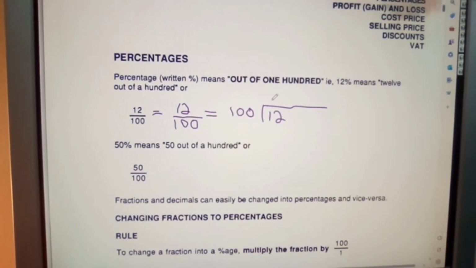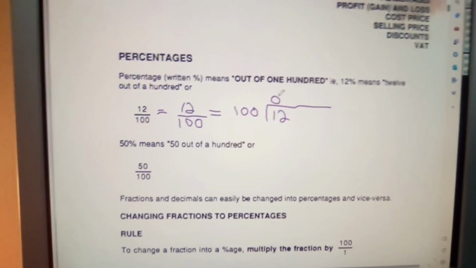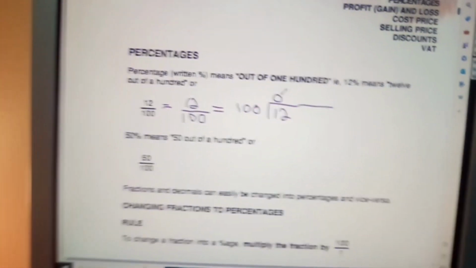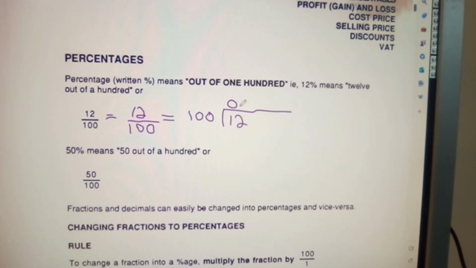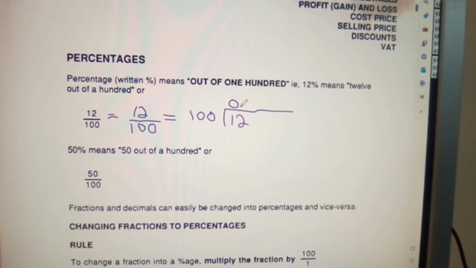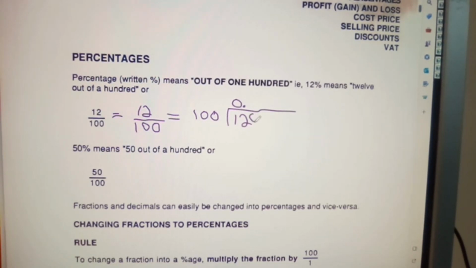It doesn't, 0. So if that's 0, we then have to add a decimal point, and we have the 0 here.